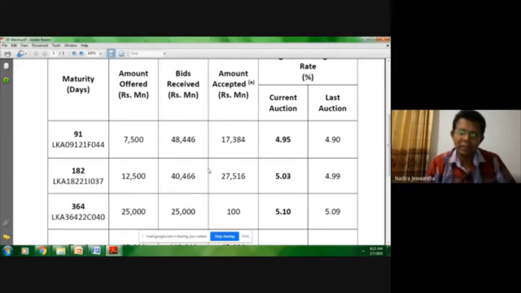What rate does the central bank pay you? 4.5%. The central bank pays the banks 4.5% for excess overnight, one day deposits. If a bank needs money, it will borrow from the central bank at 5.5%. Those are the two policy rates available in Sri Lanka.